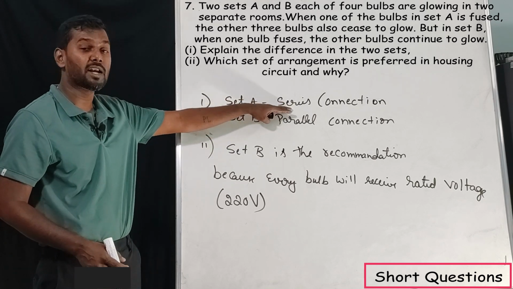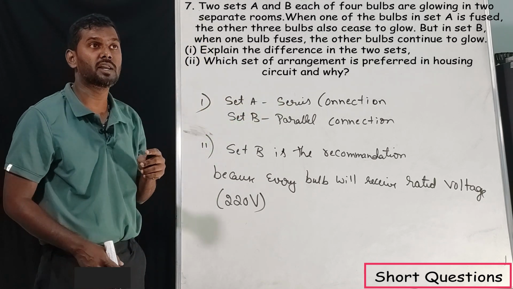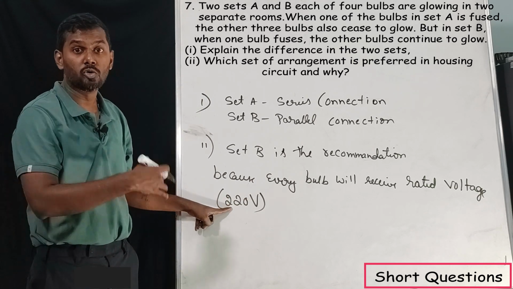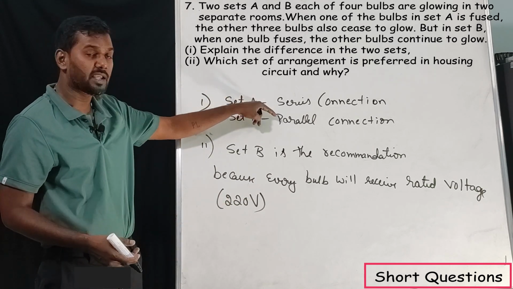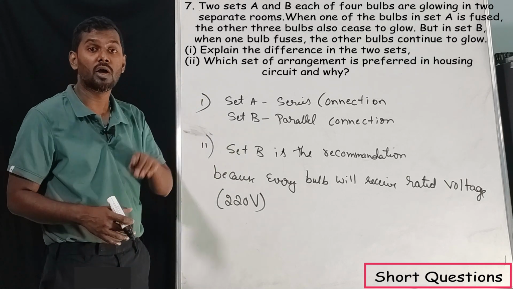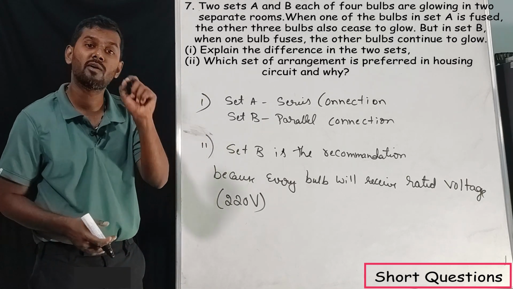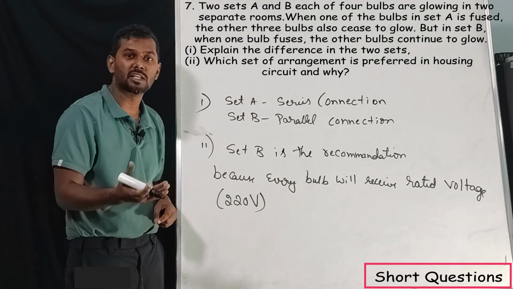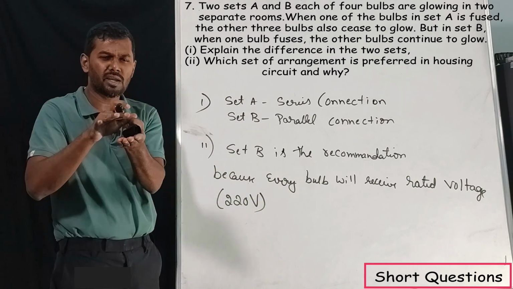Every bulb, if it is connected in parallel, will receive 220 volts. But if it is connected in series, how many bulbs are there in series? Set A, 4 bulbs, correct? How much voltage we are sending? 220 volts. So in set A, every bulb will not receive 220 volts. 220 divided by 4, each bulb will receive 55 volts only. Then there will be no intensity. So the intensity, that is the brightness, will be very less.